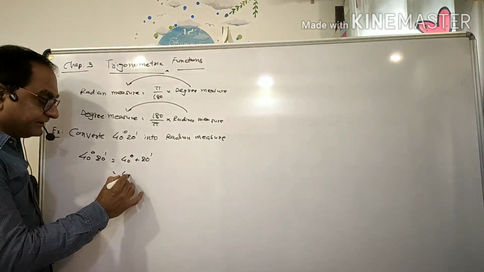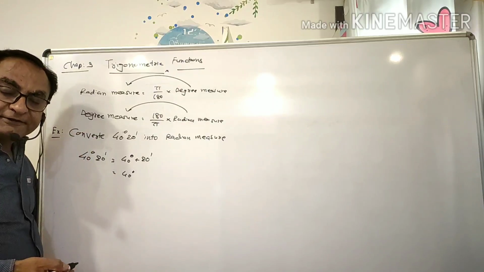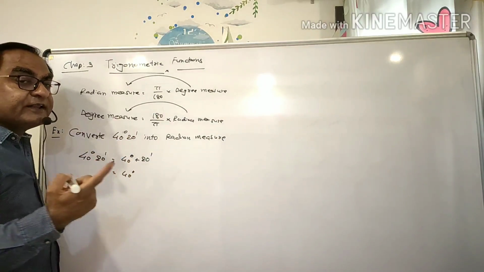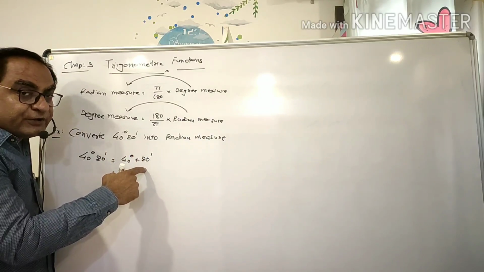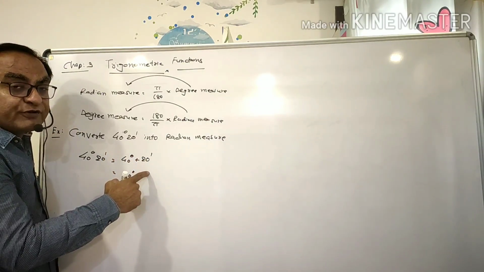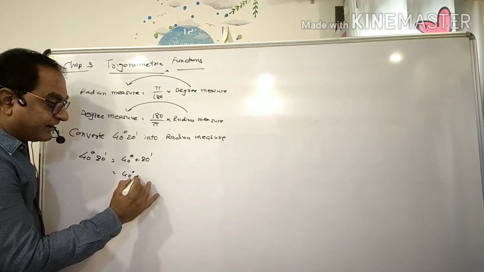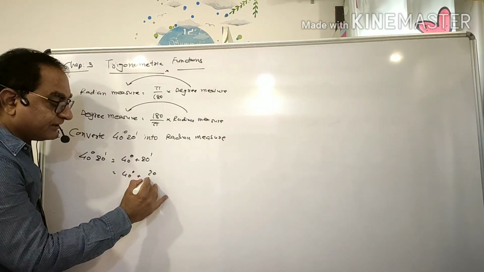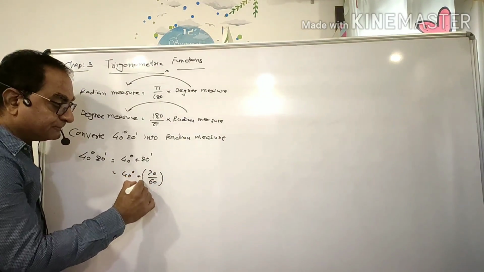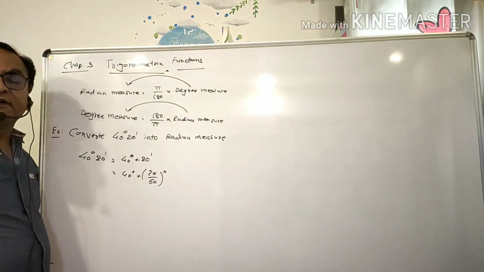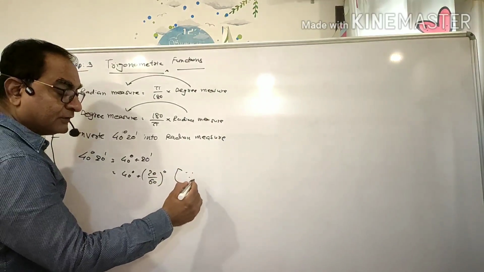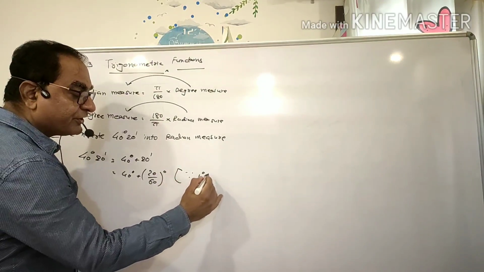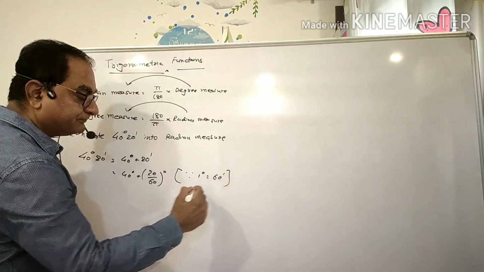We know that in 1 degree there are 60 minutes. So if I want to convert minutes into degree, I will have to divide by 60. So I can write 20 by 60 degree, because 1 degree is equal to 60 minutes.